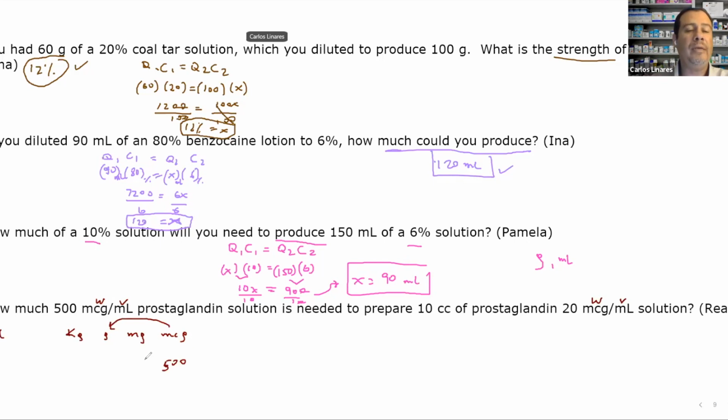So we're moving six places to the left. So I'm going to move 1, 2, 3, 4, 5, 6. Here's my decimal, empty spots, fill them with zeros. So now this becomes 0.0005 grams over 1 mL times 100.